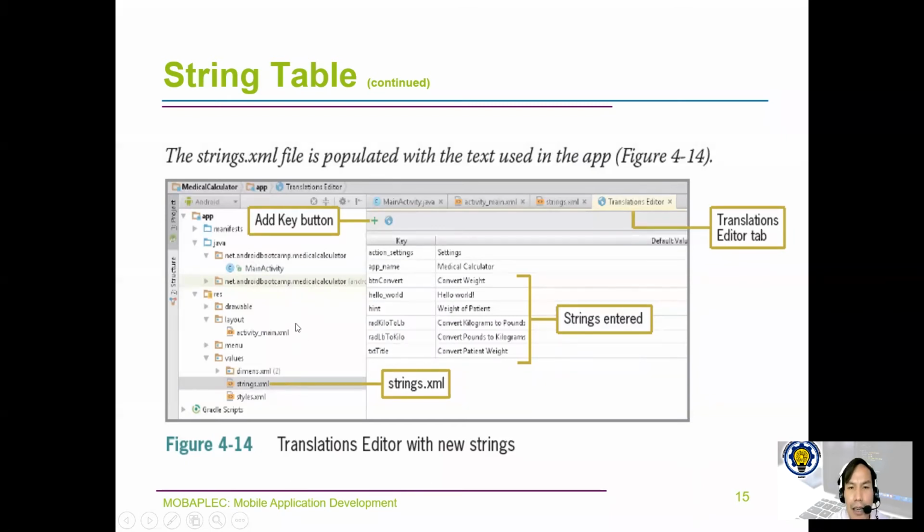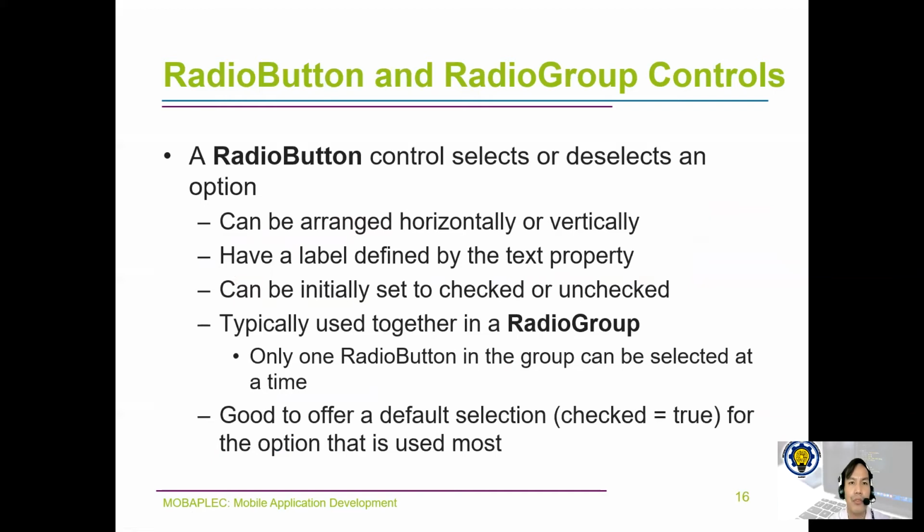Okay, then now we proceed with the radio button and radio group controls. So what is the difference between the two? Of course, when you say radio buttons, these are actually selections, where if the user selects, it selects only once.